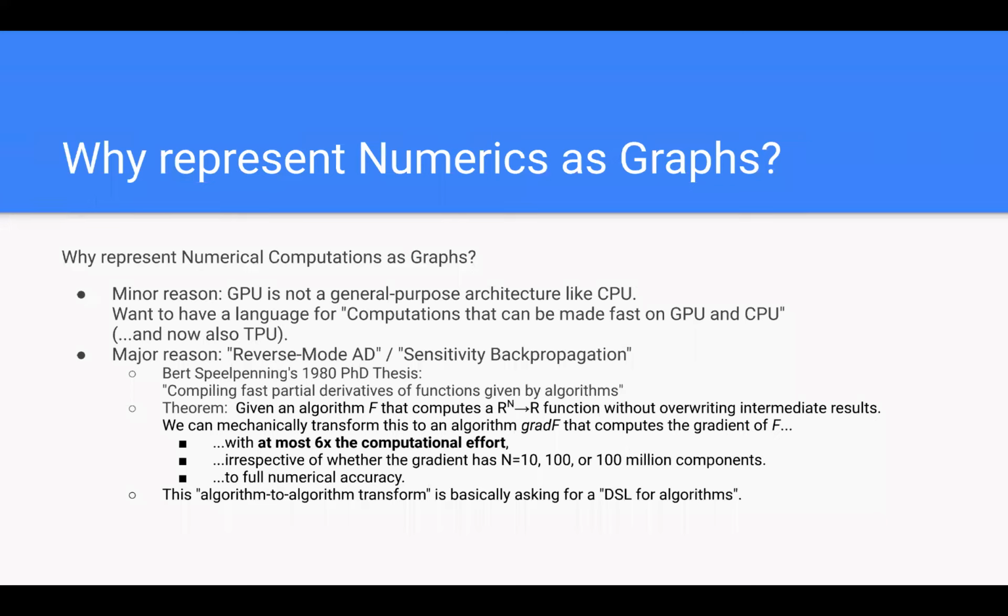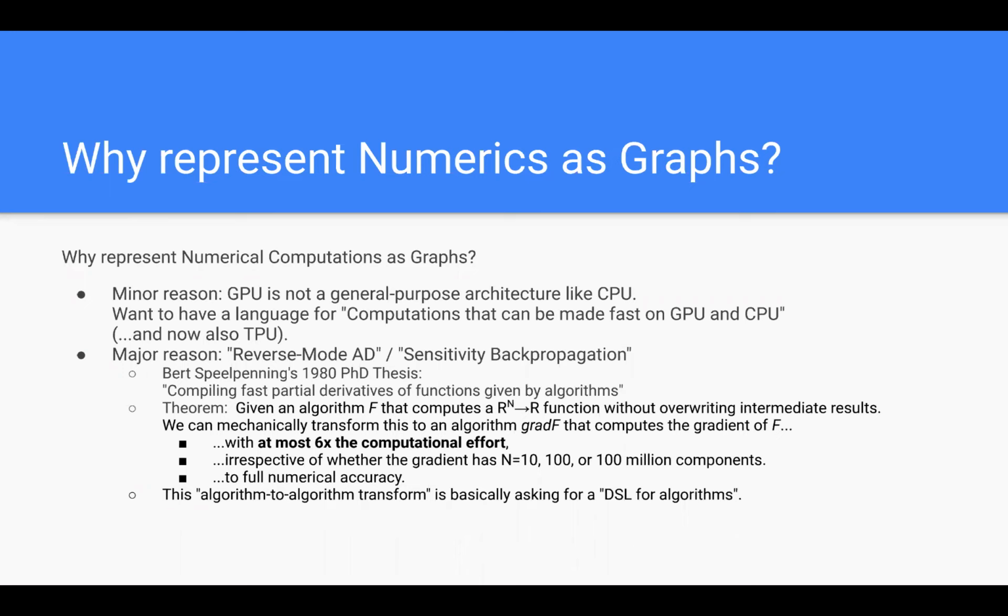Suppose we have an algorithm F that computes a real-valued function of n real parameters in such a way that it doesn't override intermediate results. Then we can always mechanically transform this algorithm to another algorithm, grad F, that computes the gradient of that function F with at most 6 times the computational effort, irrespective of whether that gradient has 10 or 100 or 100 million components. It's always at most 6 times the effort to compute the original function. And furthermore, we even get it to full numerical accuracy, which is something we wouldn't get from finite differencing.